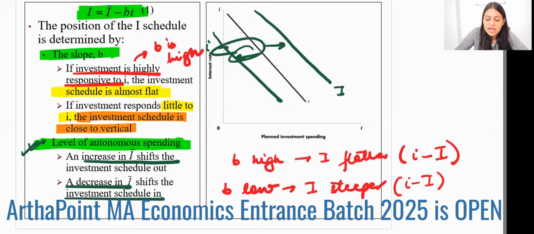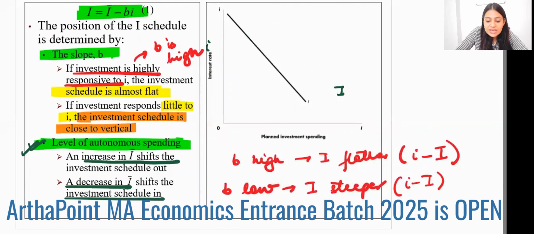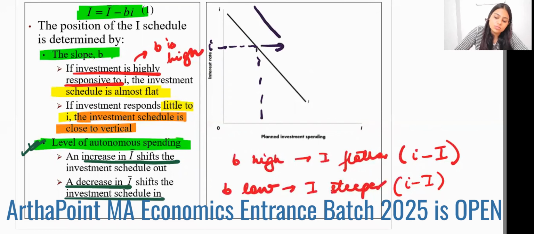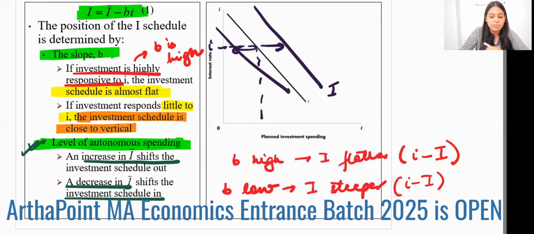Because then you are saying that, you know what, at any given interest rate, I am increasing the level of my investment. So if at any given interest rate, you want to invest more, then your investment schedule will shift out. If you want to invest less, your investment schedule will shift back, but the slope will remain unchanged.